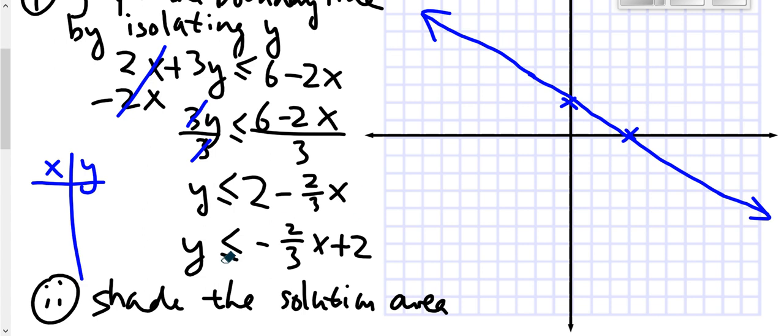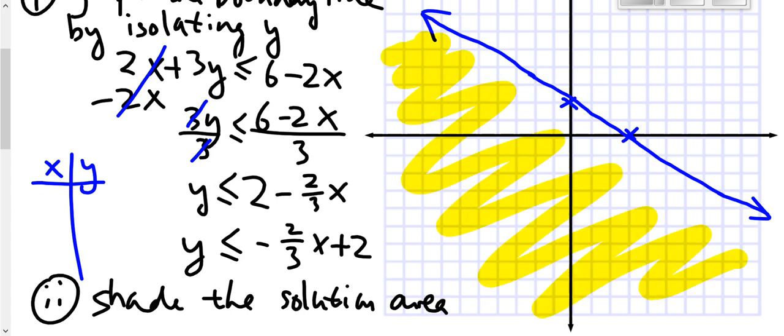First thing, because we have the equal component here, therefore our boundary line would be a solid line, of course. And then to indicate the solution area, because it is less than or equal to, so it is below the graph. Greater than or equal to, above the graph, less than or equal to, below the graph. So anything here is an acceptable answer.